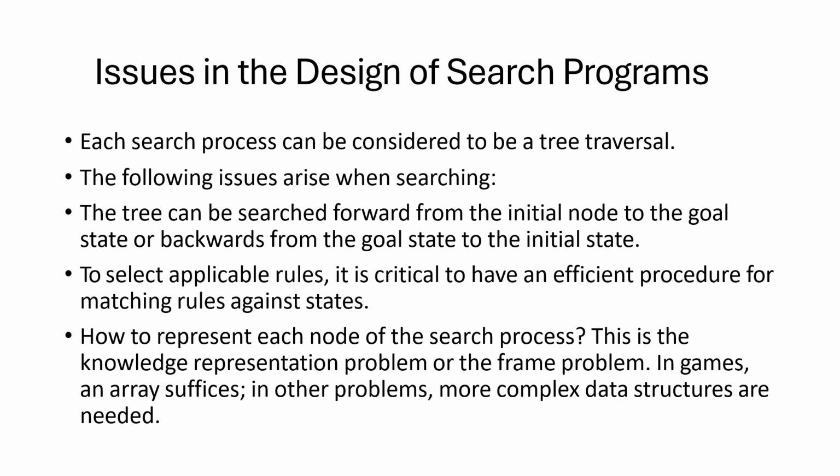The next is the choice of data structure. The data structure used will affect the speed of operation, memory usage, and also the ease of rule matching. There may be different types of problems we can consider. For games, we use array representation, for planning problems we can use predicate logic, and for expert systems we can use frames or rules.